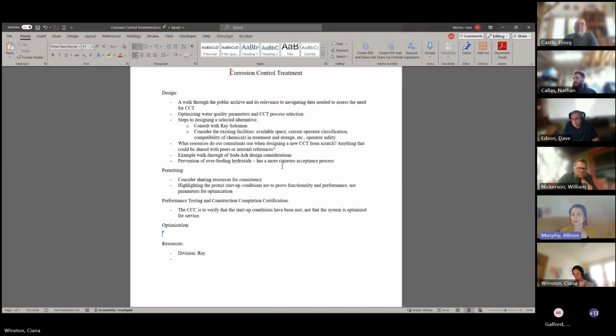Blindness is a huge concern as far as operator safety. I'm not sure there's an overfeed prevention requirement that comes to mind immediately, but we get into it a little deeper when sodium hydroxide is proposed, as opposed to soda ash.